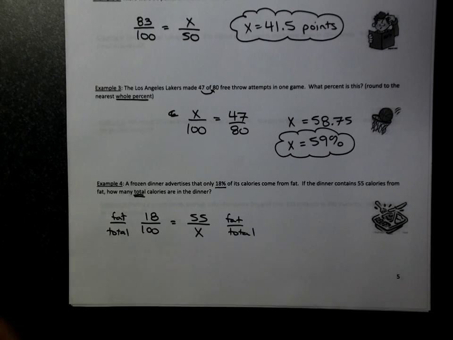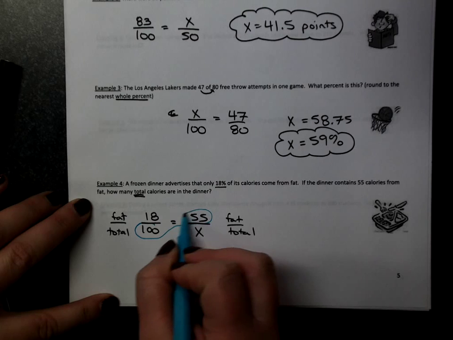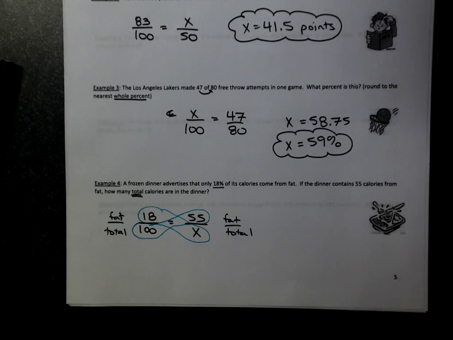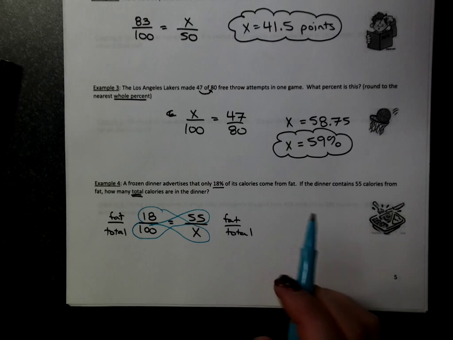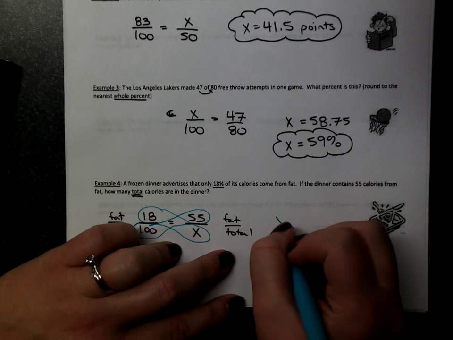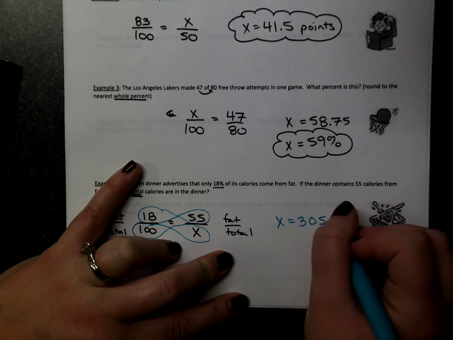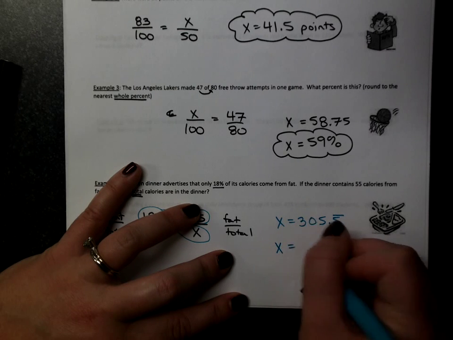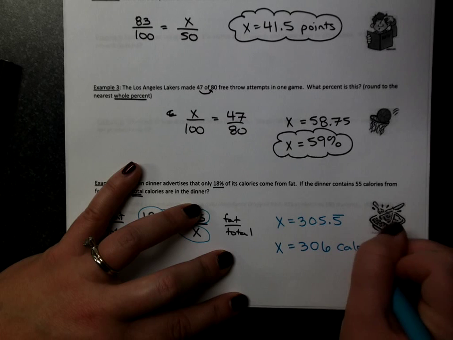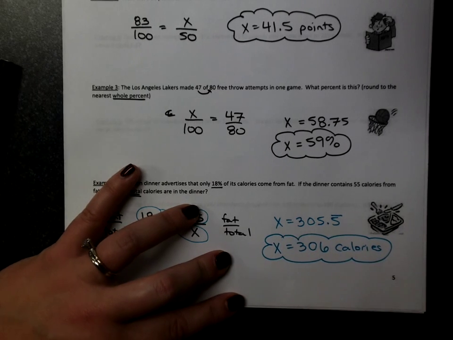And then we cross multiply and divide. 100 times 55, 18 times x. 55 times 100 divided by 18 is going to give us x equals 305.5 repeating, and we usually round off to the nearest calories, so maybe 306 calories. It will tell you how to round on each problem in your homework.